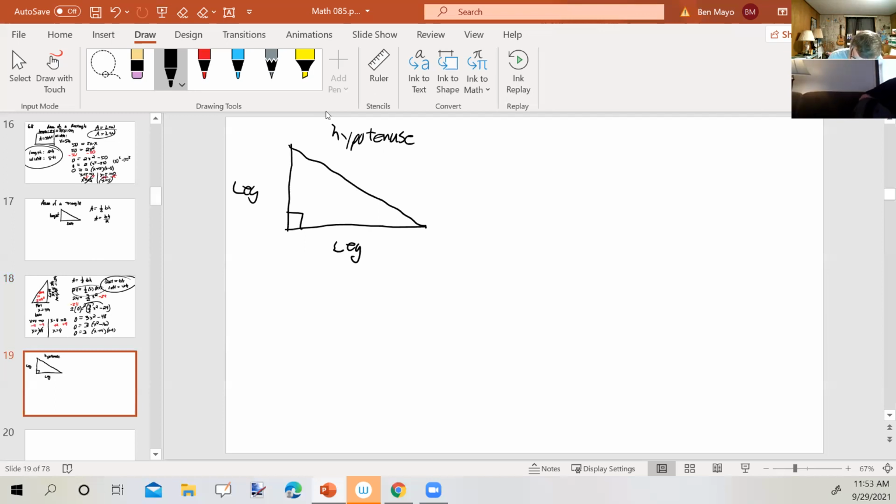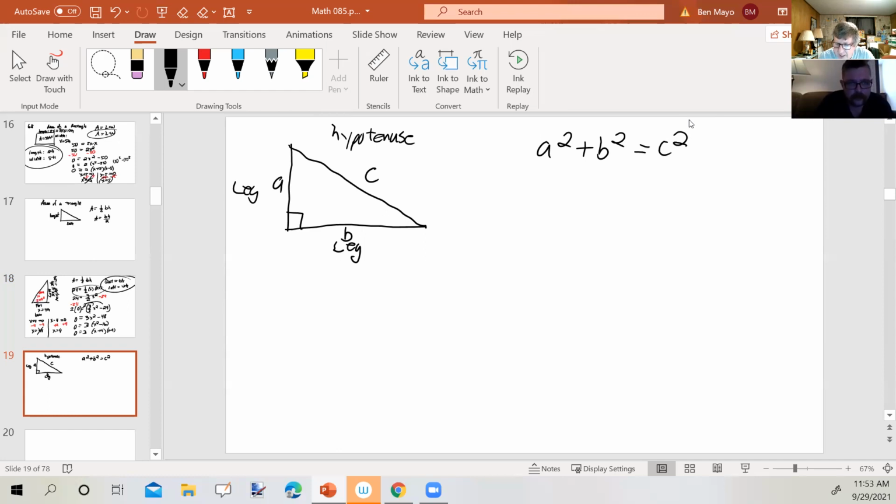The hypotenuse is labeled as C, and the 2 legs are labeled as A and B. Now, the following is true for a right triangle. A squared plus B squared equals C squared. This is called the Pythagorean theorem. C must be the longest side of the triangle, the hypotenuse.